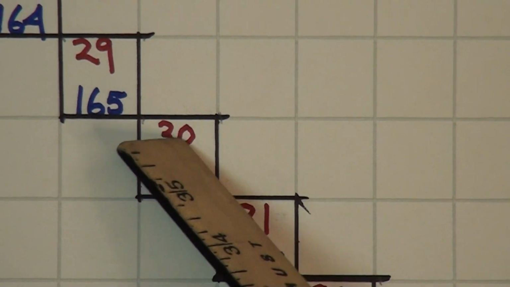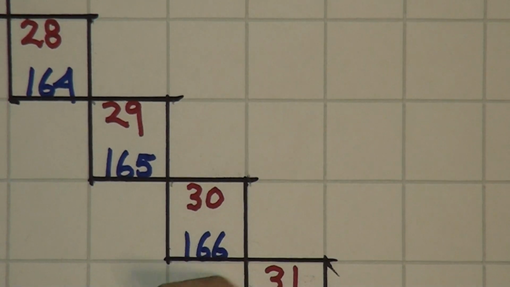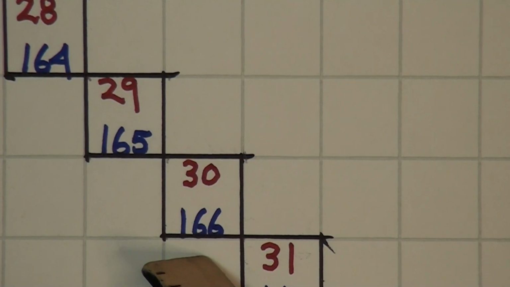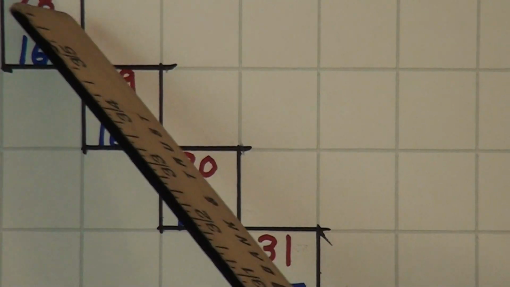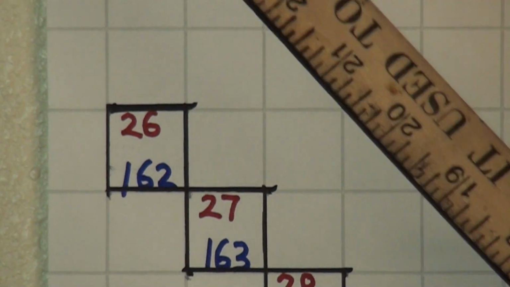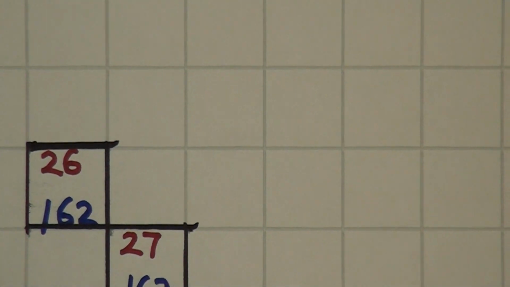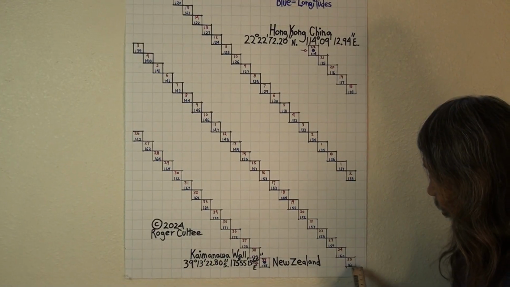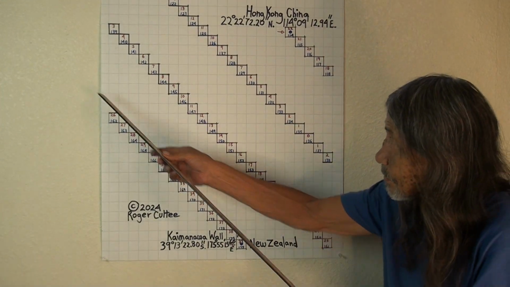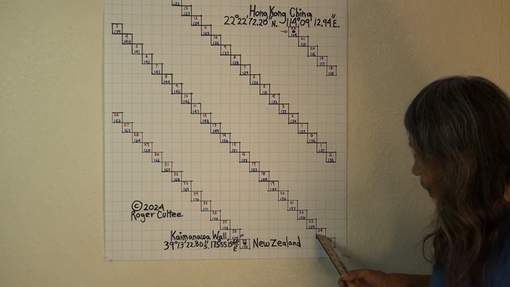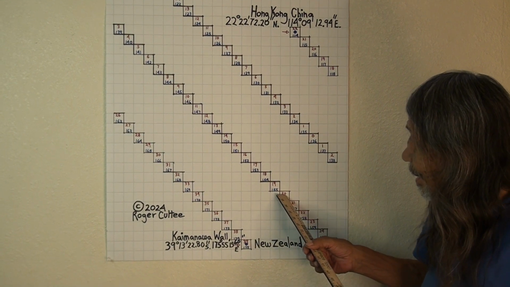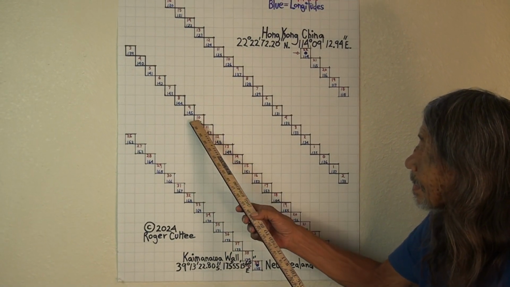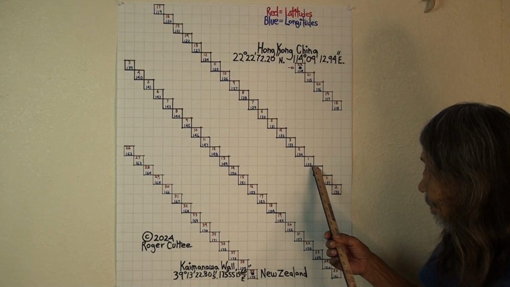So now you're at 30 degrees latitude, 160 degrees longitude. So all of these are set up to continue. It's a straight line, but my paper don't go that far. So what I'm doing is that when this ends at 26, you pick it up over here at 25, which means it's still going that way. And then at 25, 24, 23, 22, 21, 20, then all the way over to 10, and all the way to 0.